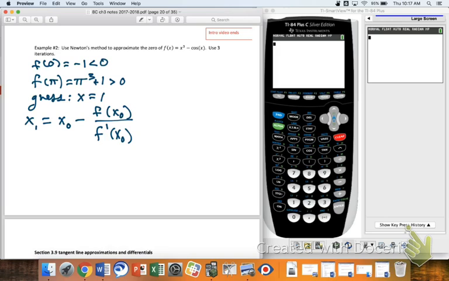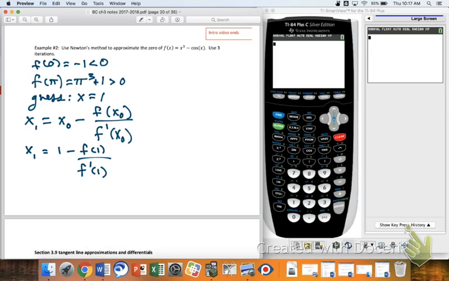It does come from the slope formula or the point slope equation, however you want to look at it. That's our formula, and my initial guess is going to be 1. I'm going to use my calculator extensively here. So I'm going to say x1 is equal to 1 minus f of 1 over f prime of 1.